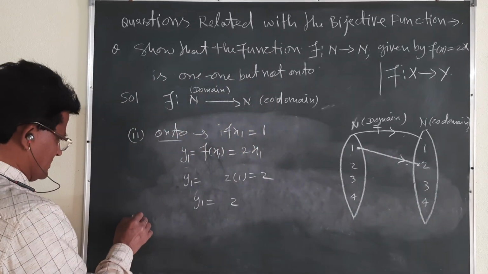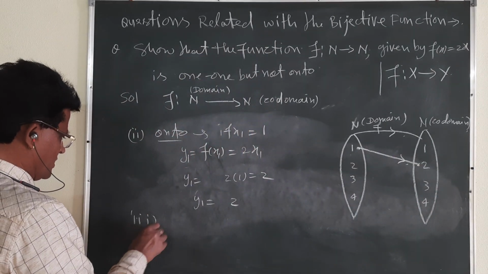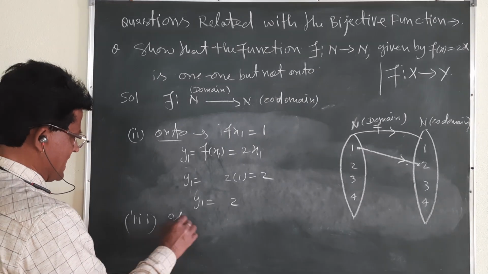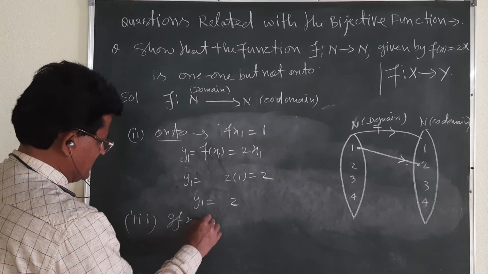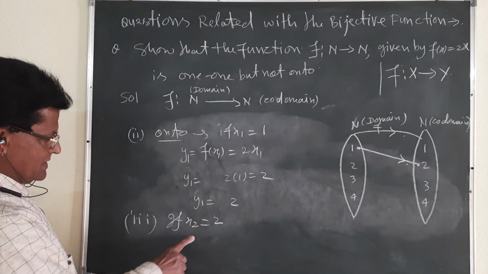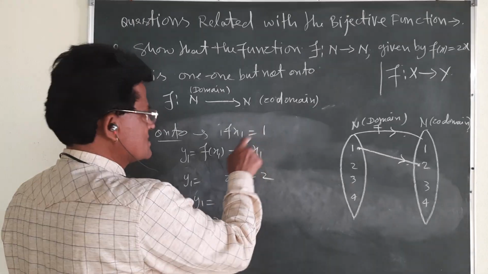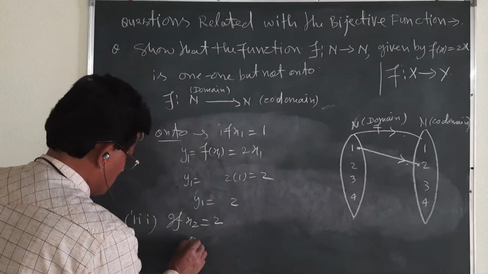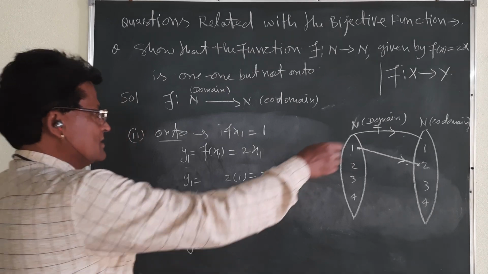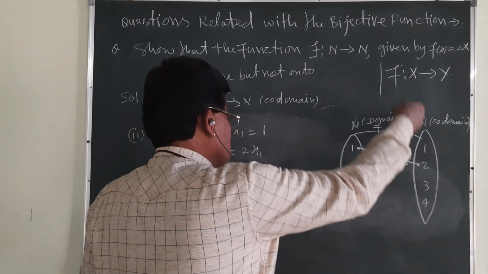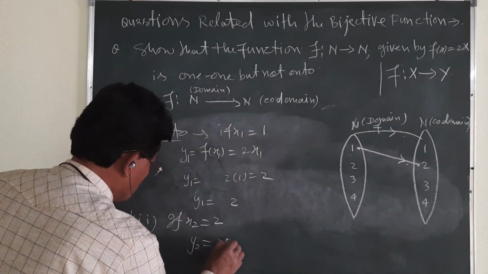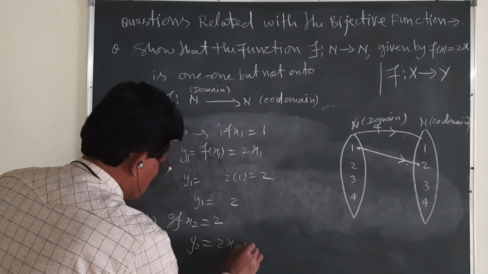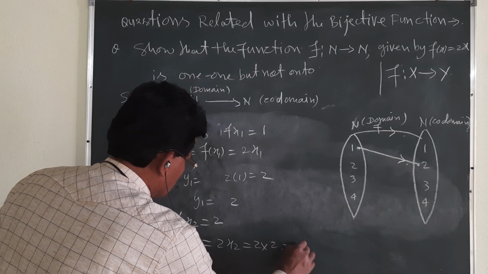Then another case you take. One more thing you take. If x is equal to x2, let me take x2 so that you will understand. x2 will be equal to 2. Next, this 2 I am taking from domain, and y2 we are taking in the codomain. y2 means 2 into 2, that will be equal to 4.